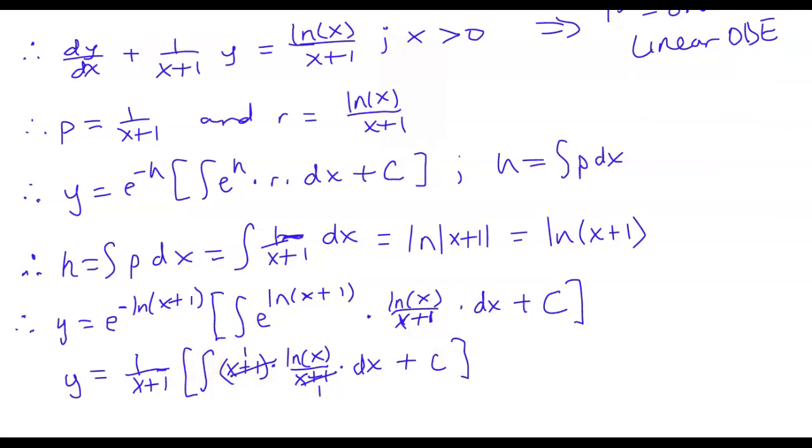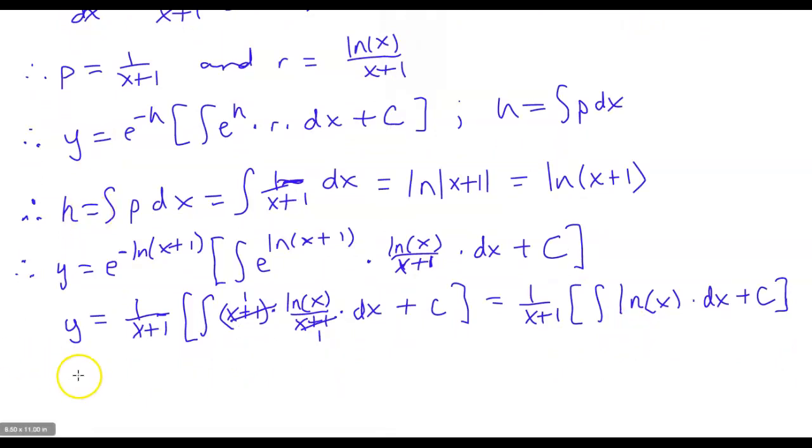So now at this point, this is going to be equal to 1 over x plus 1, and then this will be the integral of just natural log of x dx plus c.